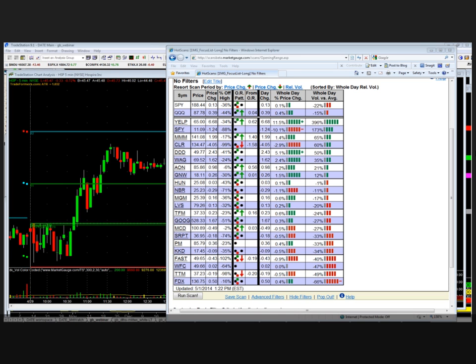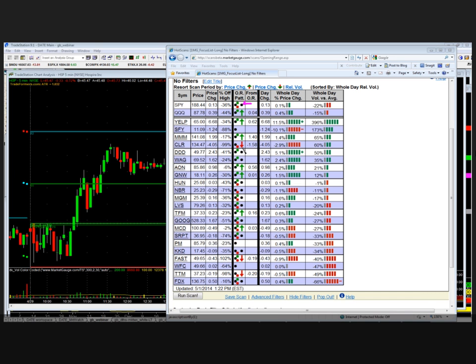Okay, so the black dot on the left represents the opening range. The red or the green dots represent where it has been, and the right side represents where it is currently. So if I've got a green arrow, it means I'm currently over the opening range. If I have a black dot, like I do with the SPYs, it means I'm in the middle of my opening range.